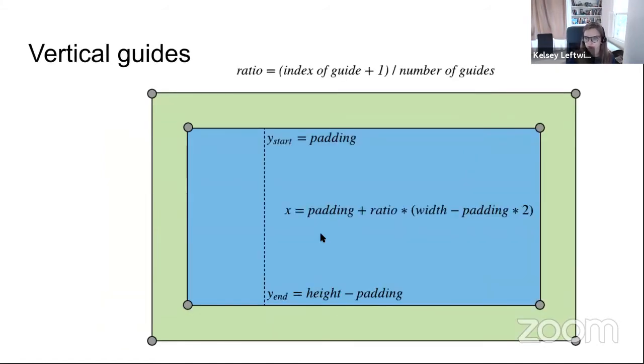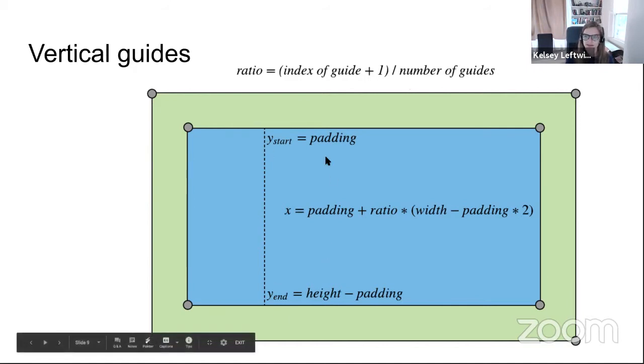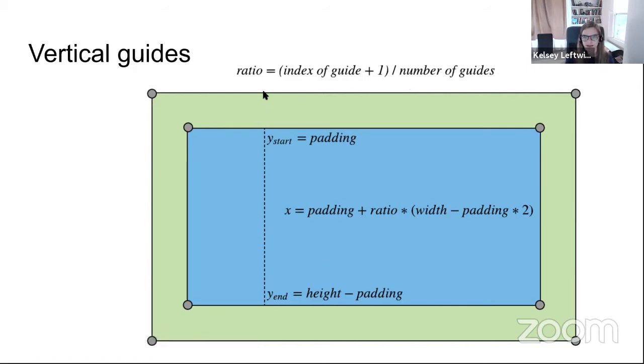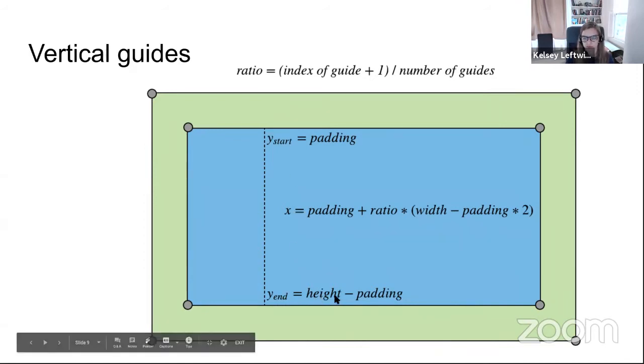Vertical guides are similar. The math is just a little bit different. We use the exact same ratio. In this case, our Y value is always going to be the same. So we'll start with padding, because we're pushing it down from the top. And then our end will be the height minus the padding. So imagine like a line going all the way down to here, but then we subtract that padding.